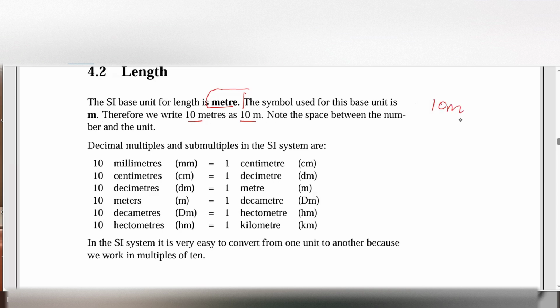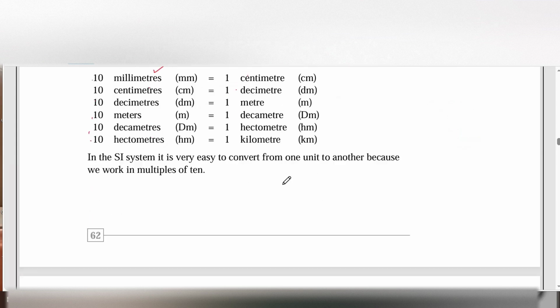Then the decimal multiples: centi, deci, meter, deca, hecto, kilo, and so on. The smallest is the milli. So we have 10 millimeters in 1 centimeter, and 1 decimeter is 10 centimeters. Multiples of 10, as we explained.